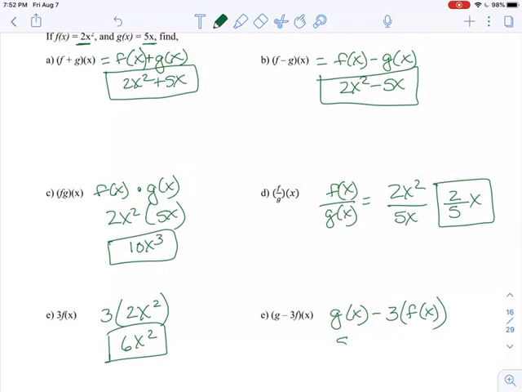Well, g of x is 5x. F of x is 2x squared, but I am multiplying that by 3. So it's 5x minus 6x squared. And that would be my answer because those are not like terms, so I cannot do anything to them.